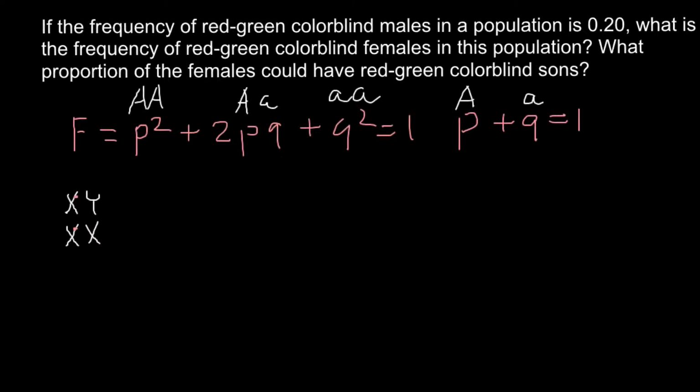She can be homozygous dominant for this genetic disorder, so she would be phenotypically normal. She can be heterozygous and would also be phenotypically normal but would be a carrier, and a female can also be homozygous recessive and would express this genetic disorder.